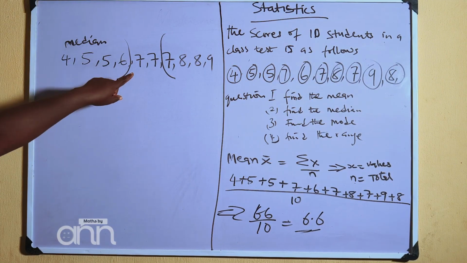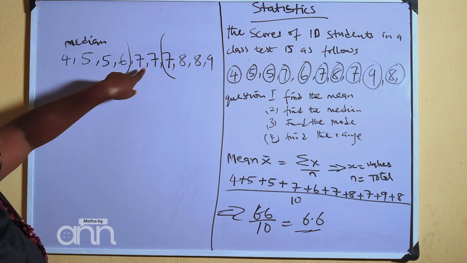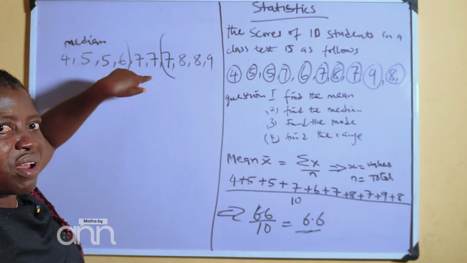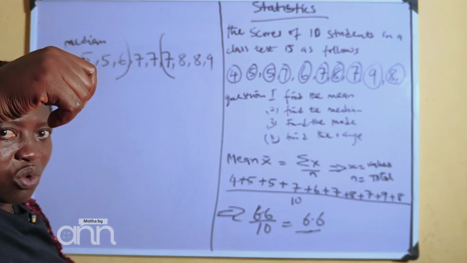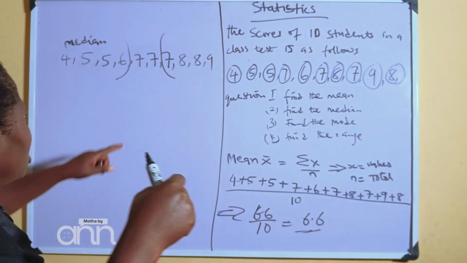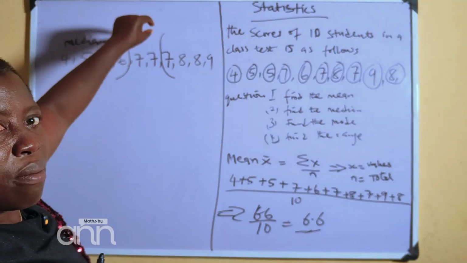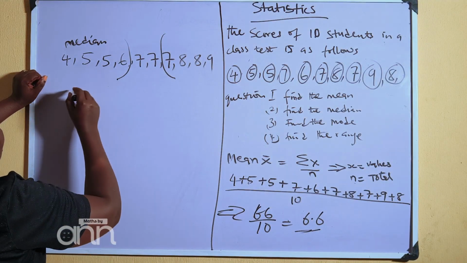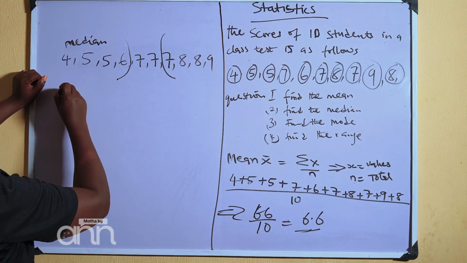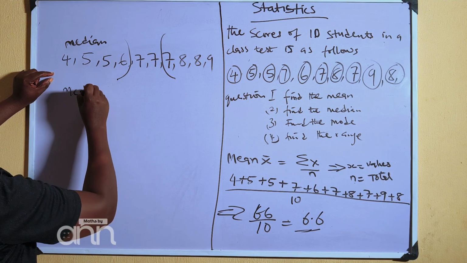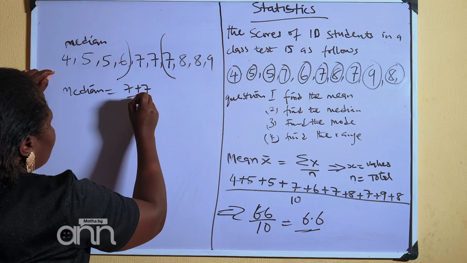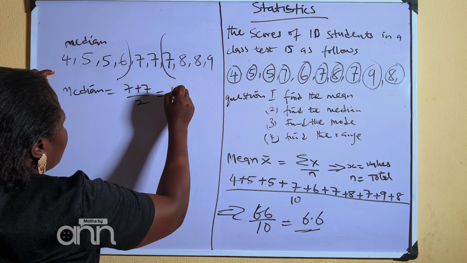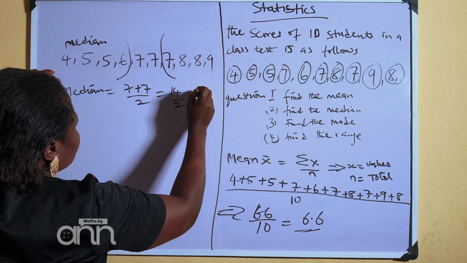Since we have 2 middle numbers, we are going to add the 2 numbers and then divide by 2. Assuming we have just 1 middle number, we just pick it as the median. But in this case, we have 2 middle numbers. So median equal to 7 plus 7 divided by 2, which is 14 divided by 2, which is 7.